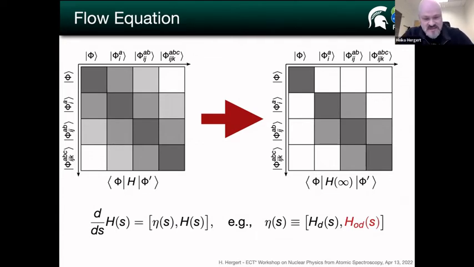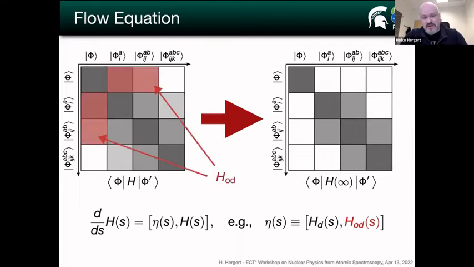Technically, this process is done by writing the transformation as an operator flow equation, given right here, where we have this generator eta that can be commonly defined by splitting the Hamiltonian into what we call diagonal and off-diagonal pieces. That really just means that diagonal is what we keep as we evolve, and off-diagonal is what we want to suppress as we evolve.